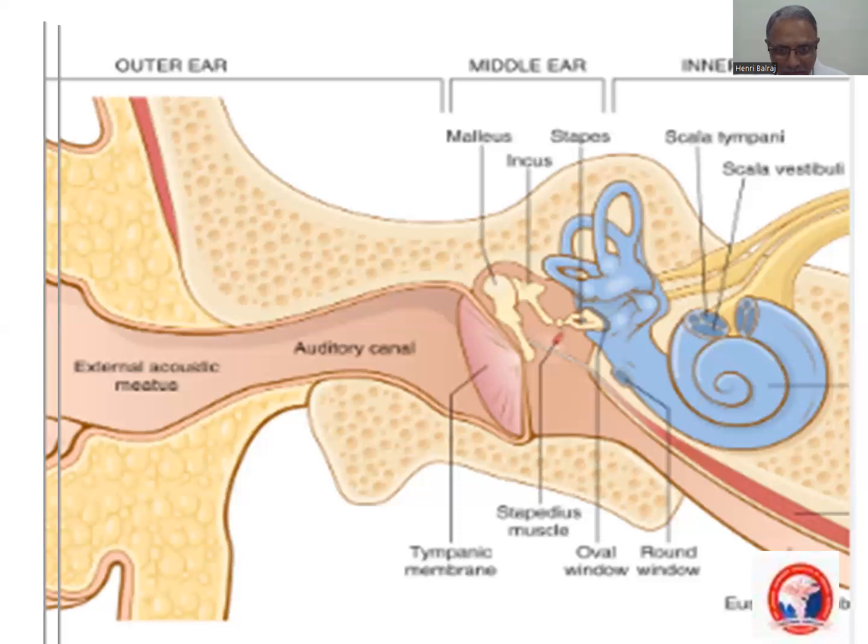The eardrum is, area-wise, 17 times more than the oval window.